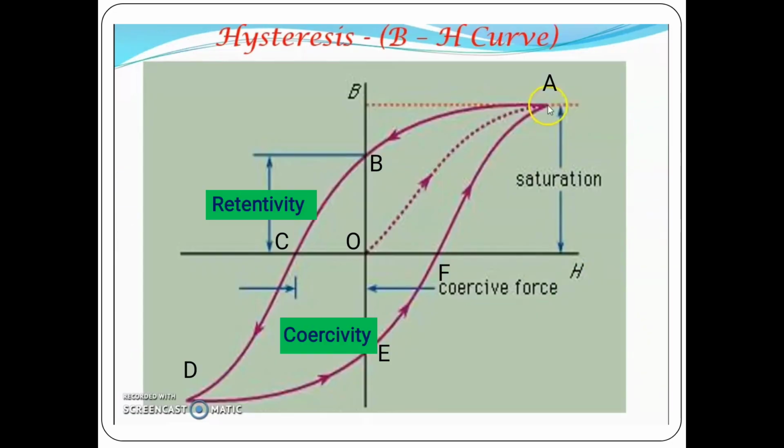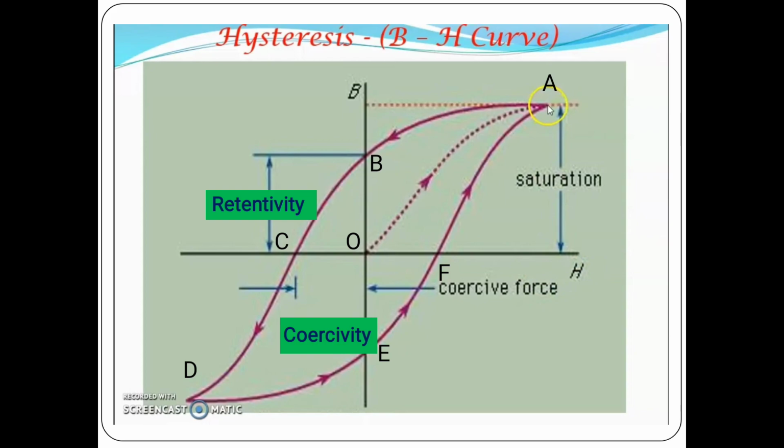Now we are going to see the hysteresis B-H curve. This graph is plotted between intensity of magnetization and applied magnetic field. That is, the applied magnetic field H is taken on the x-axis and intensity of magnetization on the y-axis.